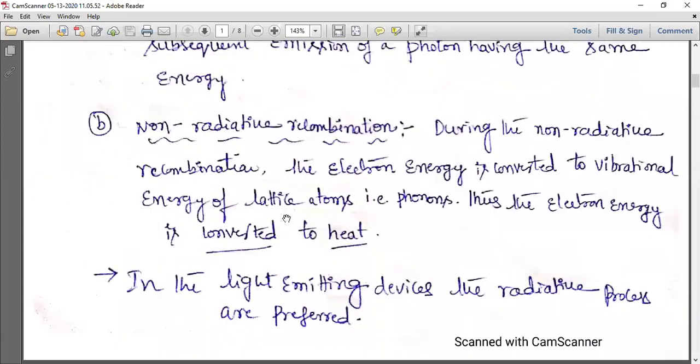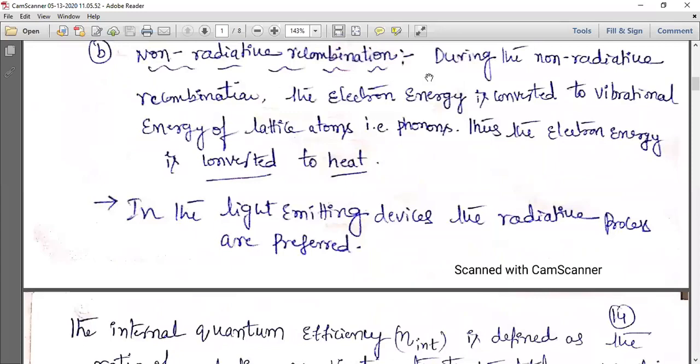Non-radiative recombination is that during the recombination, the electron energy is converted into vibrational energy or phonons. That is, if the recombination does not lead to a photon but leads to vibration, and vibration leads to heat, then it is called non-radiative recombination.